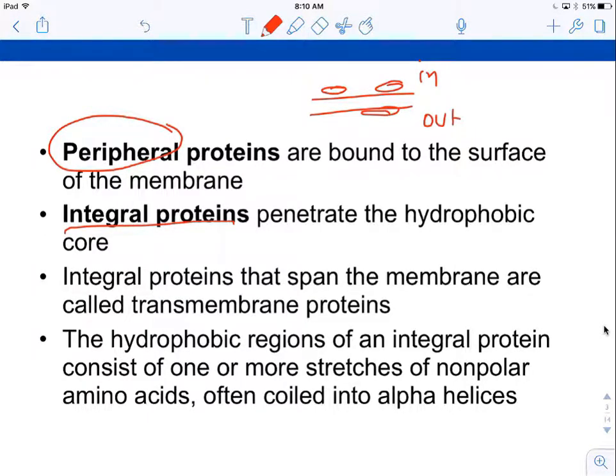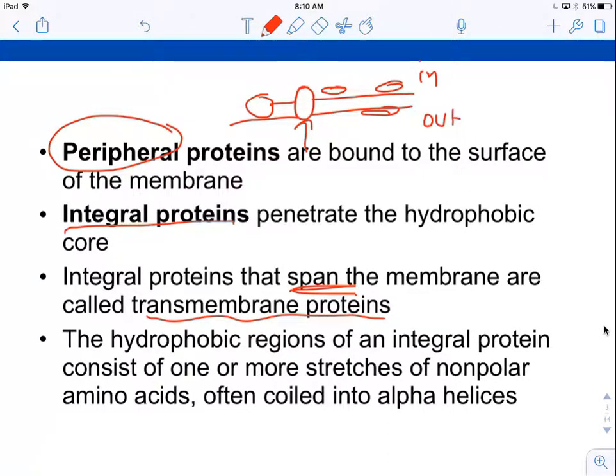So it'll either completely span the core, or it will not go all the way through. We call these integral proteins. If the proteins span the entire membrane, like this one here, they're called transmembrane proteins, across the two sides of the membrane.